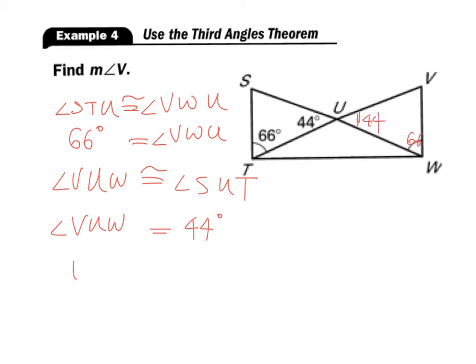And now if I use 180 minus 44 minus 66, I should have 70 degrees left here. So the measure for angle V is 70 degrees. Okay?